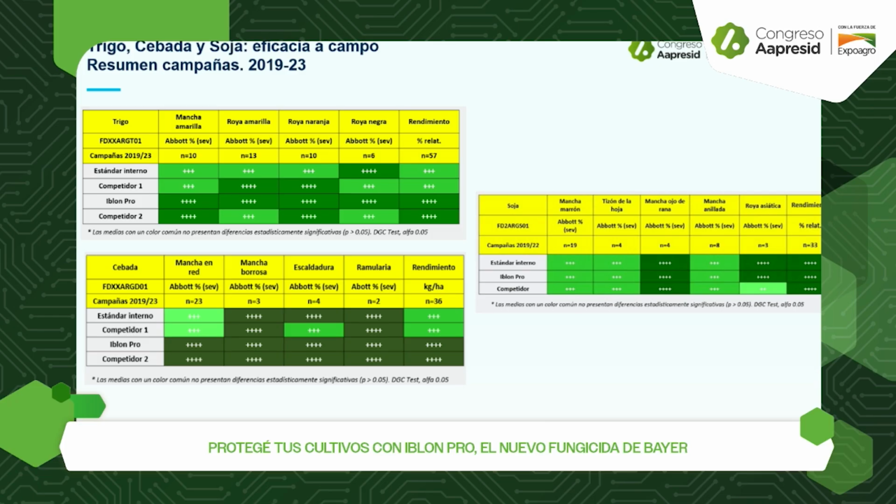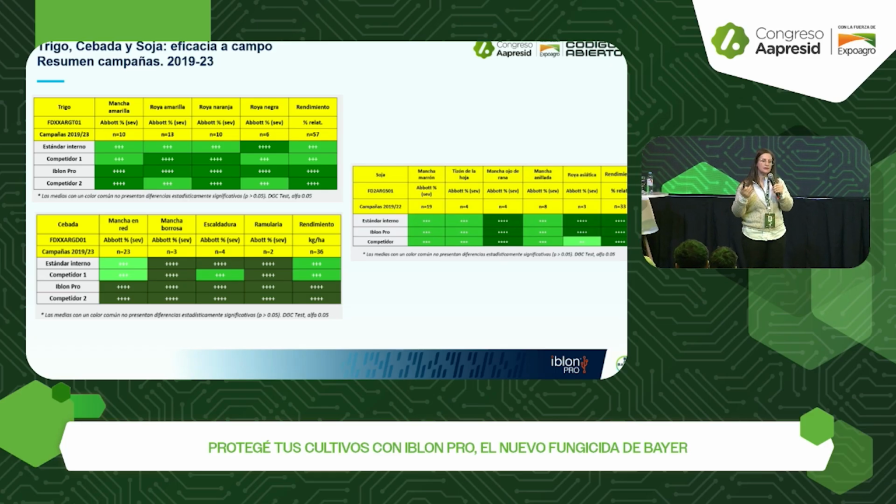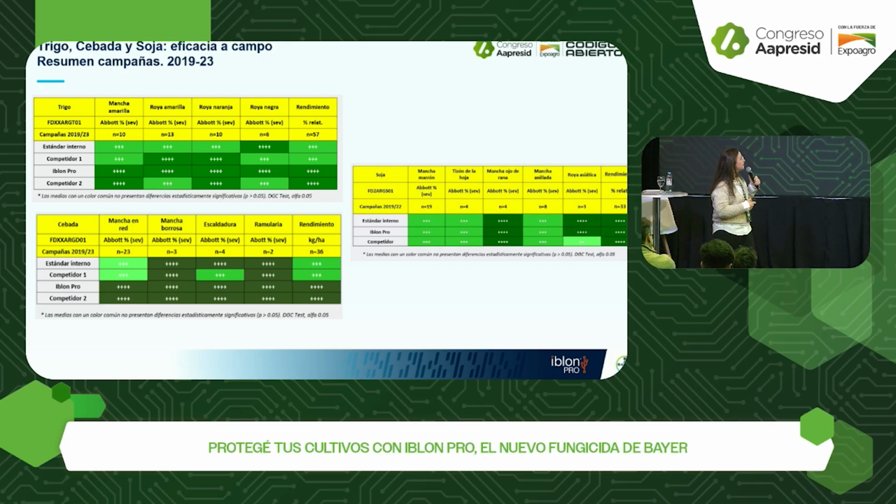Iblon Pro has 4 white crosses, but also the first impact, the darker green color, which means that it is statistically different from other treatments. This allows me to say I am reaching an excellent performance with these wheat diseases.